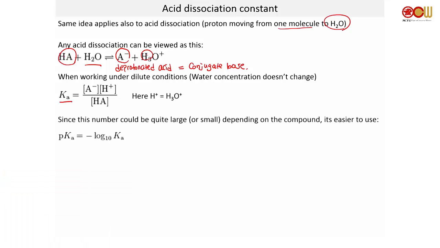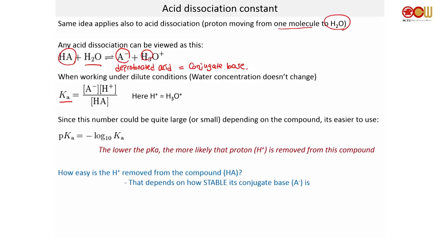All right. And then of course pKa is the negative log of Ka, so the lower the pKa, the higher the Ka. Now, how easy is the proton removed from the compound HA? That totally depends on how stable the conjugate base A minus is.